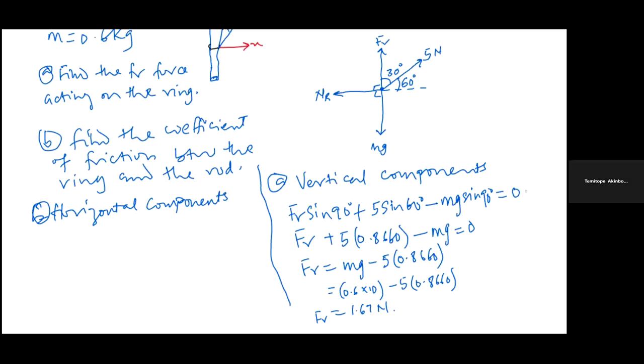So let's start with the FR: FR cos 90, plus, we are resolving the 5 Newton to the positive x-axis, so plus 5 cos 60. Remember, in resolution, the angle you have used, either in vertical or horizontal, the same angle you use when you are doing the other one.